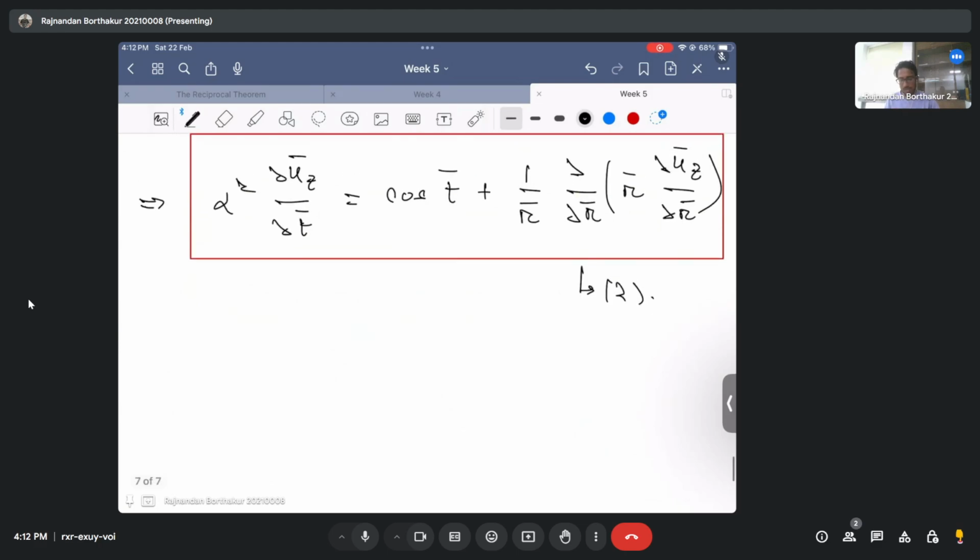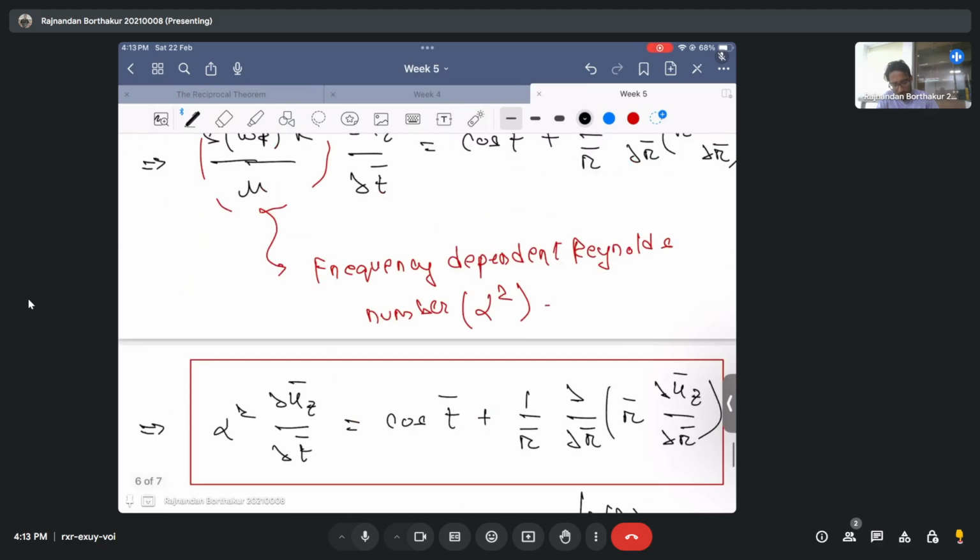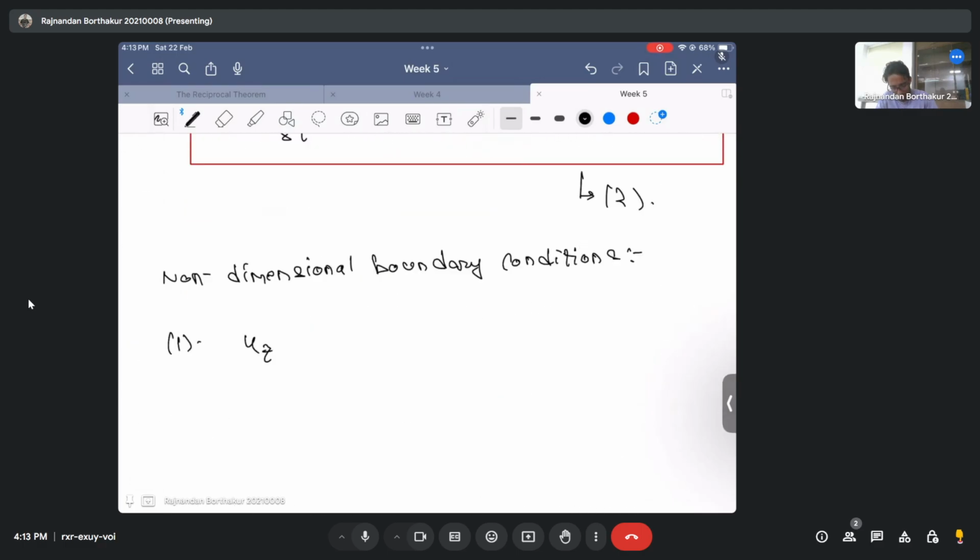Once this is done, let's also write down the non-dimensional boundary conditions. The first boundary condition, if you remember, in dimensional form was that uz at r equals capital R for all time is equal to 0.